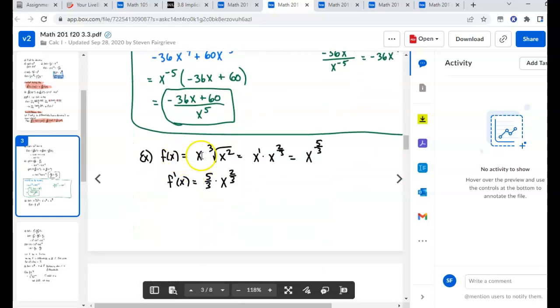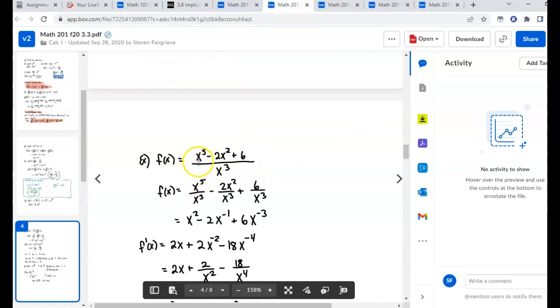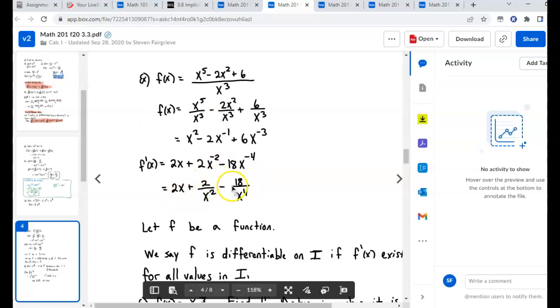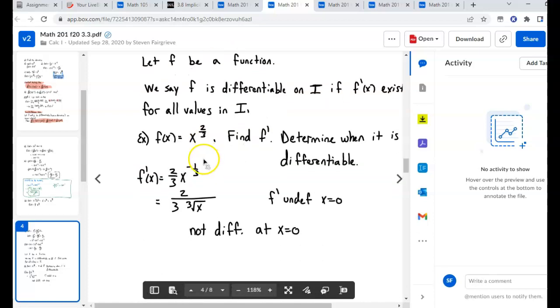We also saw some problems that later on we could do with a product rule, but a problem like this is actually easier to do algebraically. Same thing with this division problem. We could do it later with the quotient rule, but it's probably just as well to do it by dividing first, doing some algebra first.